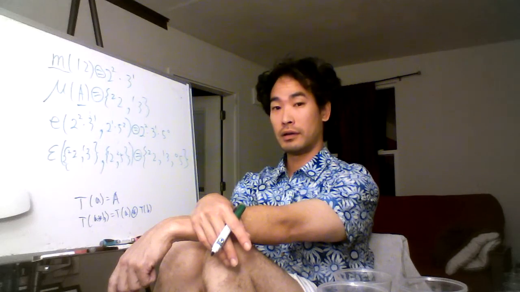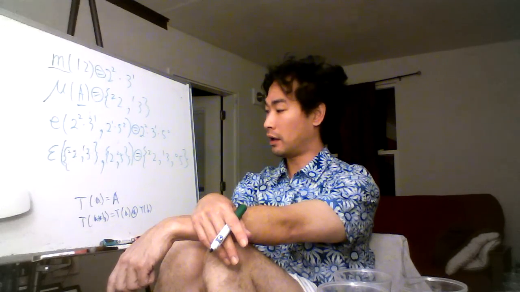So homomorphism takes two operator inputs. Homomorphism is a function, it's a Boolean function. What's the output? True or false.